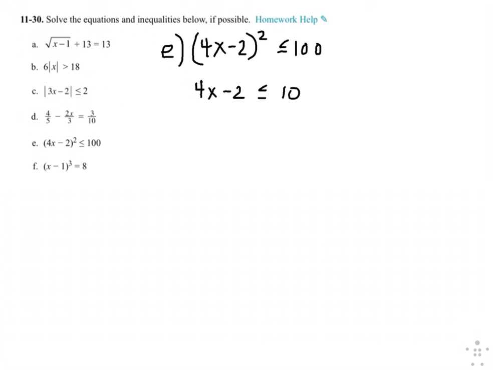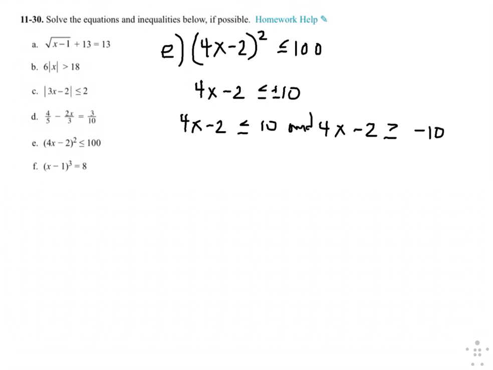Actually, plus or minus 10. Okay, so that means we have two inequalities. 4x minus 2 is less than or equal to 10, and 4x minus 2 is greater than or equal to negative 10. And this is an and.